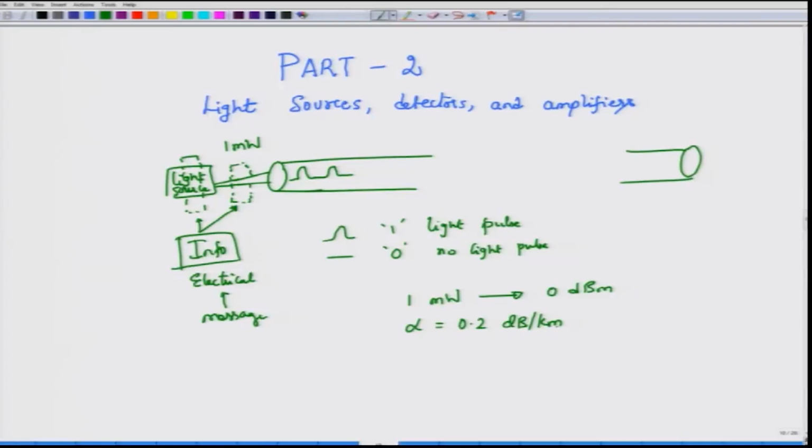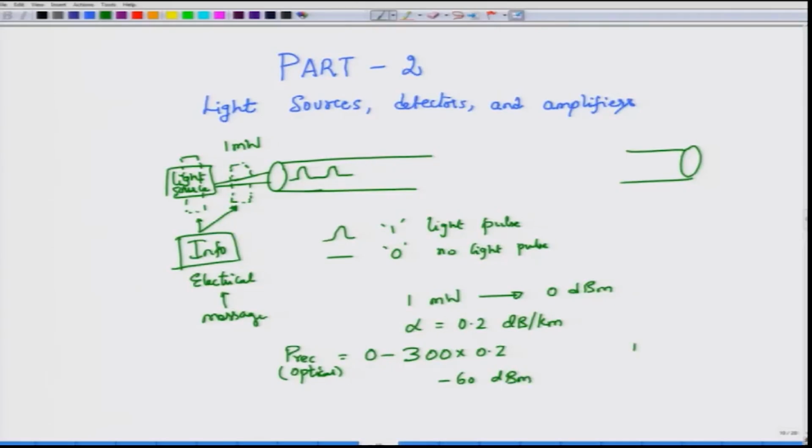So, over 300 kilometers, the power that you would receive at the receiver, and this will be in the optical domain itself, so I am going to write this in optical just to emphasize that this power is in the optical domain. 0 dBm is the initial launch power, and then this power gets attenuated by 0.2 dB per kilometer, and since you have gone 300 kilometers, this would be decreased by roughly 60 dB, and therefore the power received in the optical domain would be about minus 60 dBm.